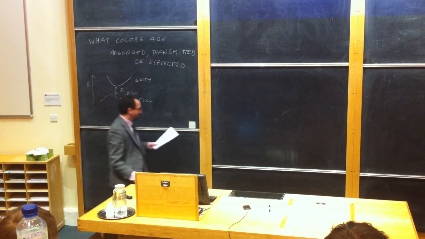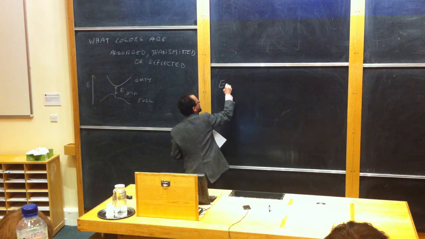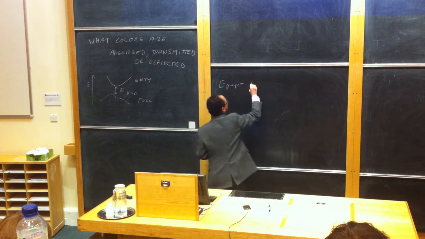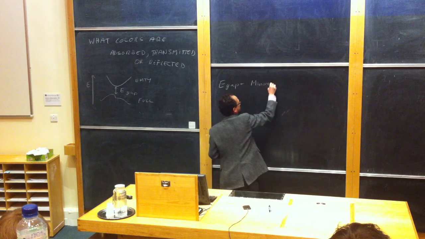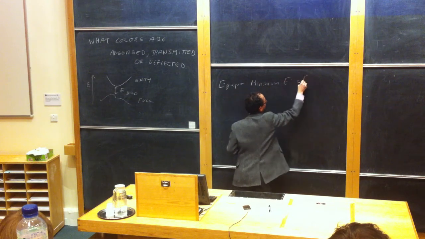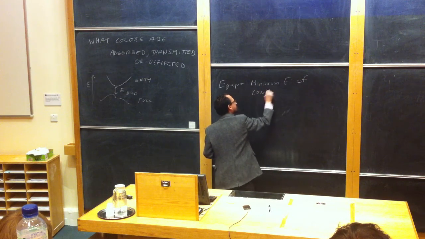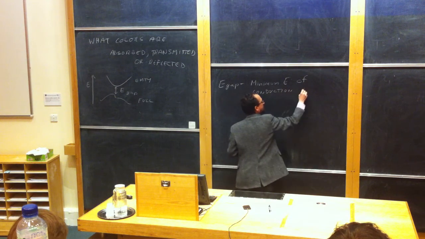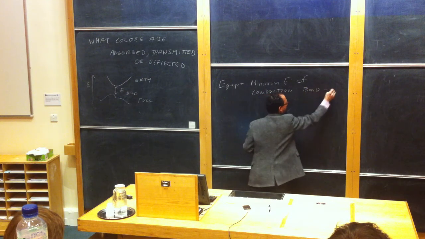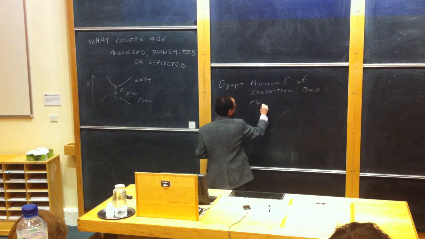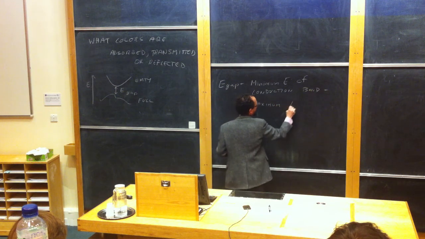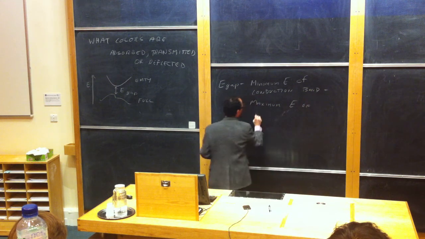Just to be definite about it, E gap equals minimum E of conduction band minus maximum E of valence band.